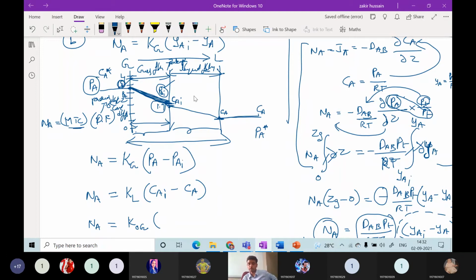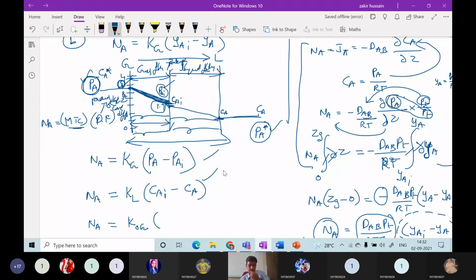Now for the driving force, you have to look throughout the whole graph, not only an individual film. In the earlier cases, we saw only one film. Now this is overall, that's why we have to look at two films. So the driving force is from PA to PA star. Which one is greater, PA or PA star?